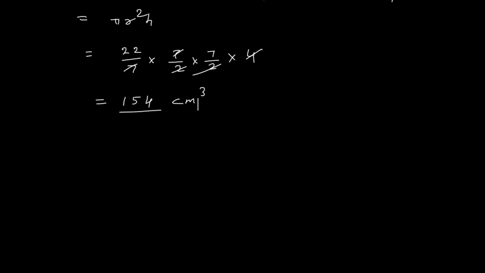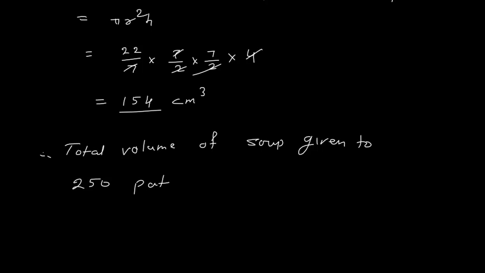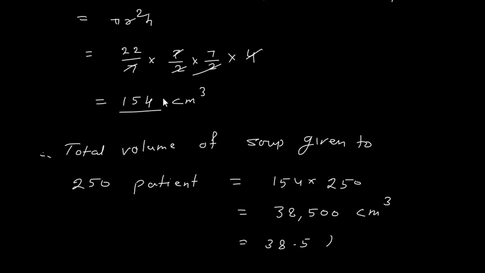So therefore, total volume of soup given to 250 patients is equal to 154 into 250, which will be somewhere around 38,500 centimeter cube, or you divide by 1000 and you say that it is 38.5 liter.